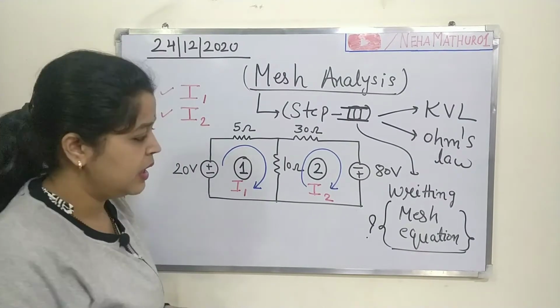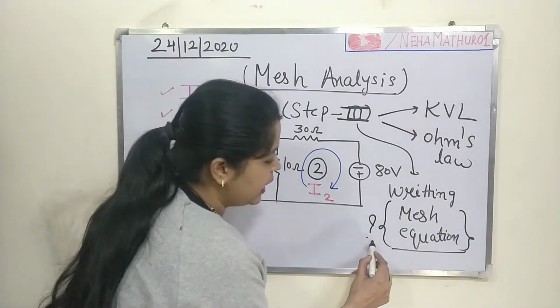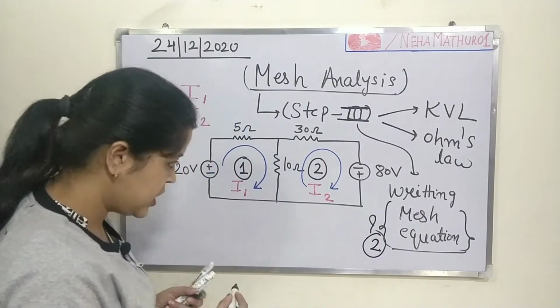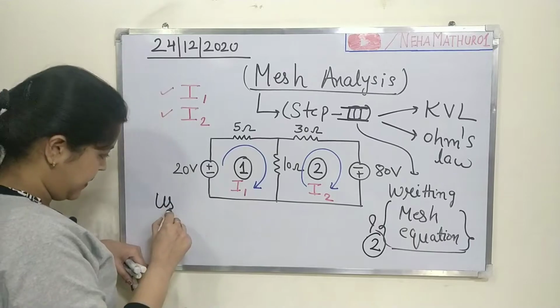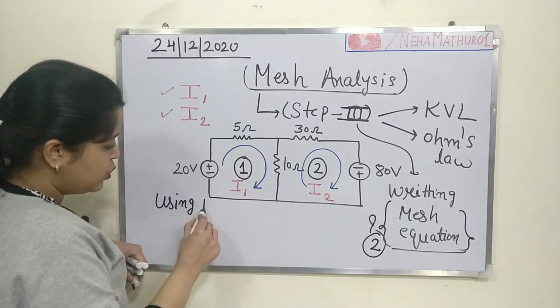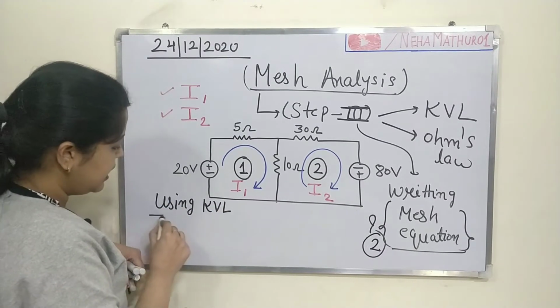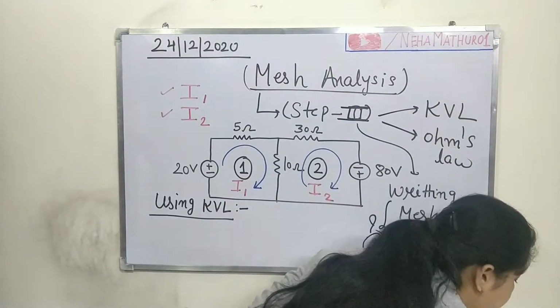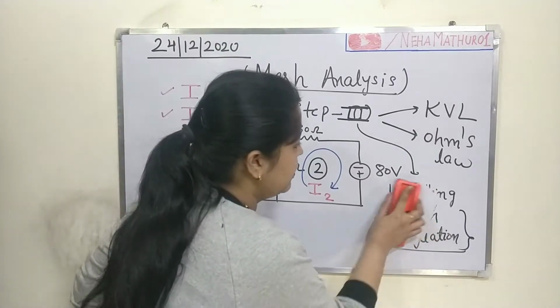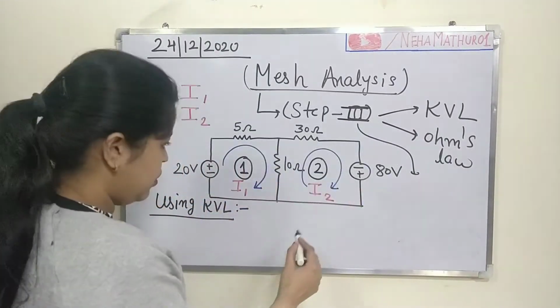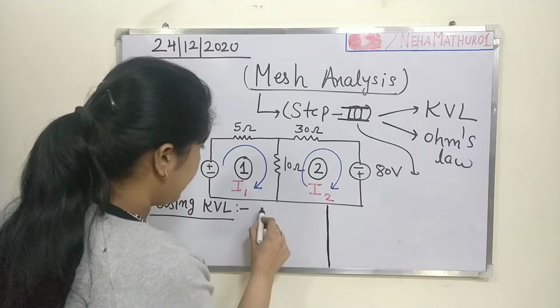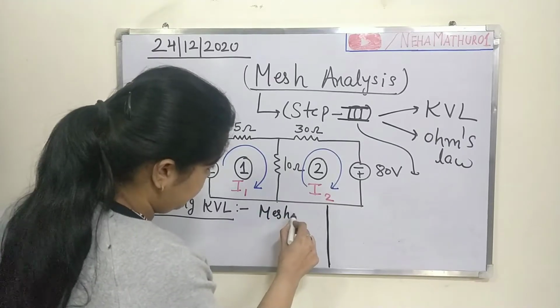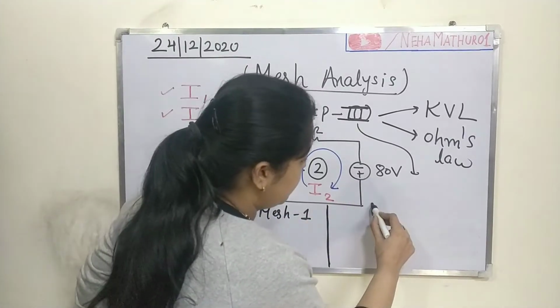So it is simple that here you will have to write two individual mesh equations with the help of KVL. So using KVL, I am writing equations, and these equations are for both the meshes. Here I am writing for mesh 1 and here I am writing for mesh 2.